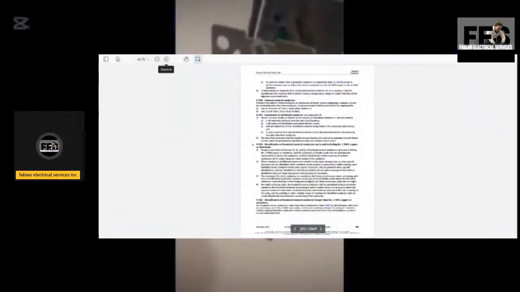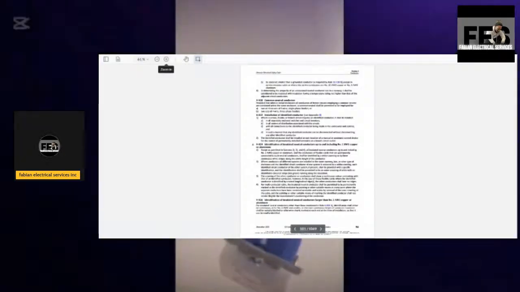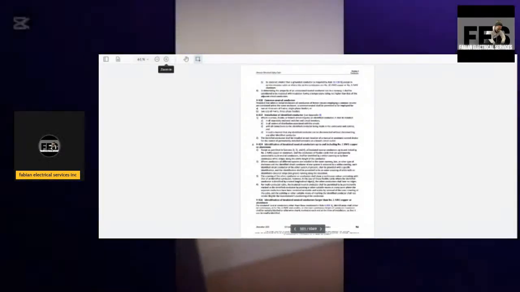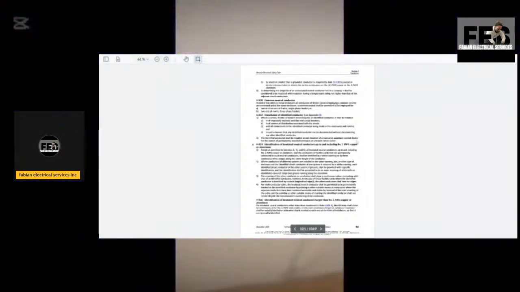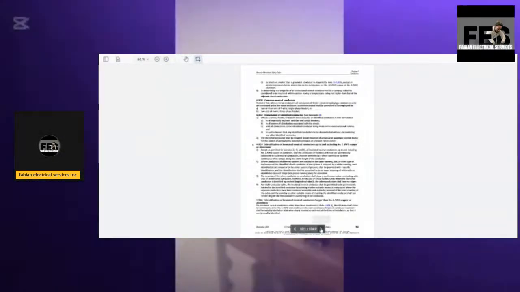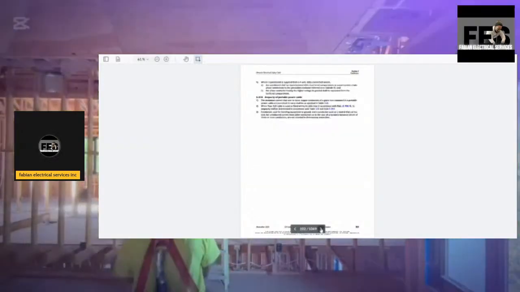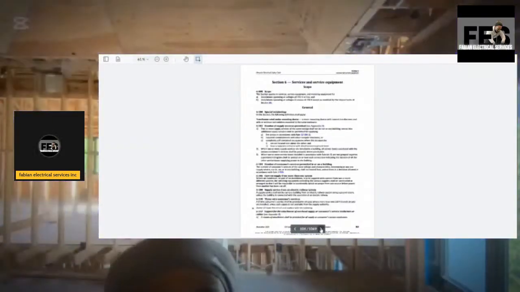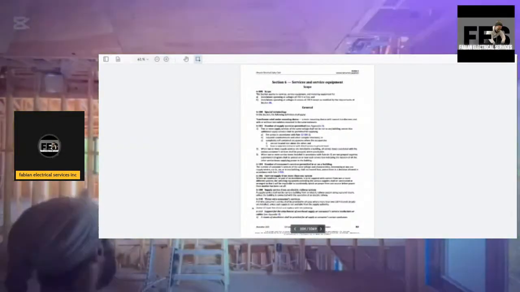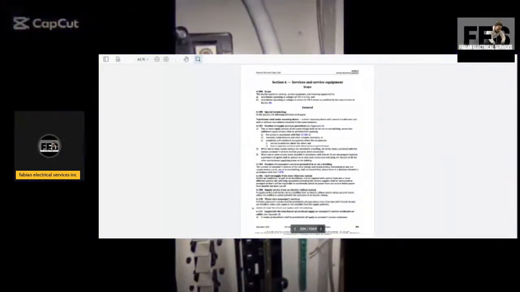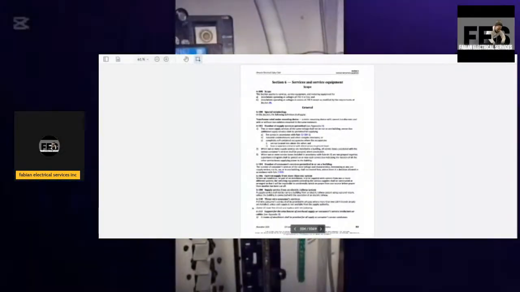So I'm going to go back to the actual screen that I have up here, and I'm going to go back to section 6 here, and that's going to bring us to the service entrance. It's a service and service equipment.